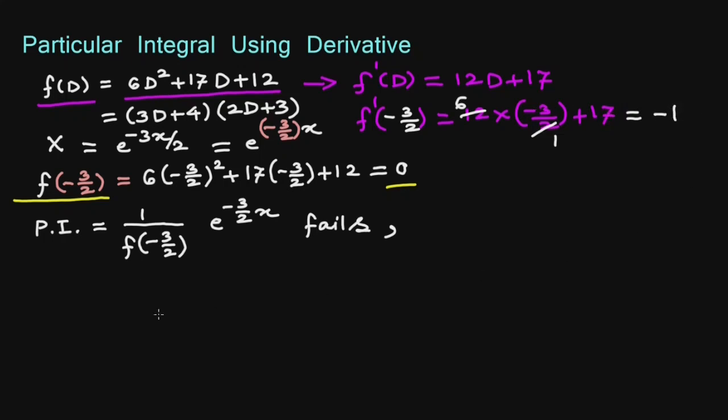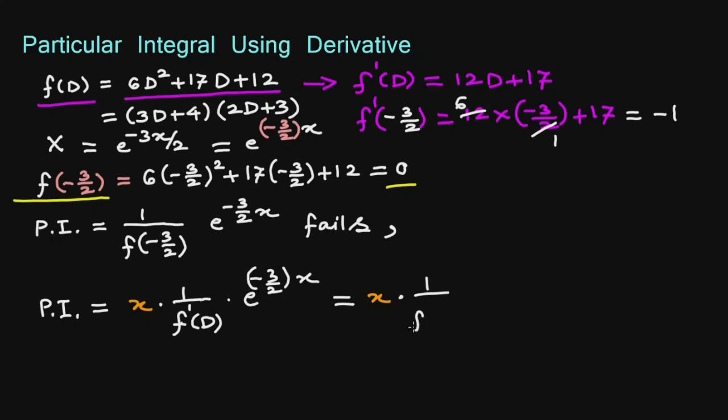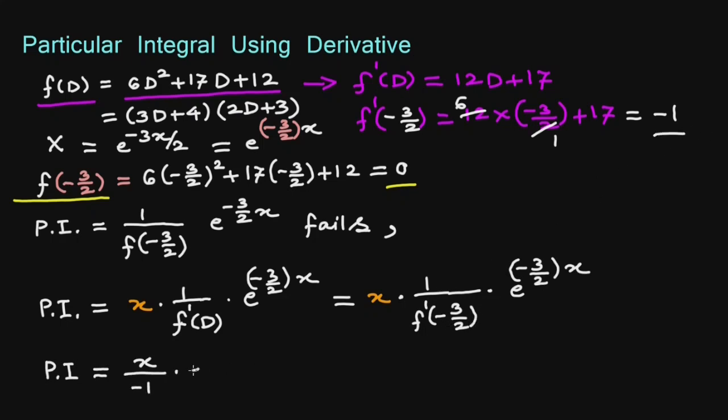Now we use the particular integral x into 1 upon f dash (D) into e raised to minus 3 upon 2 x, which will be x into 1 upon f dash (minus 3 upon 2) into e raised to minus 3 upon 2 x. So finally we get the particular integral x upon f dash (minus 3 upon 2), which is minus 1, into e raised to minus 3 upon 2 x, which finally will be minus x e raised to minus 3x upon 2.